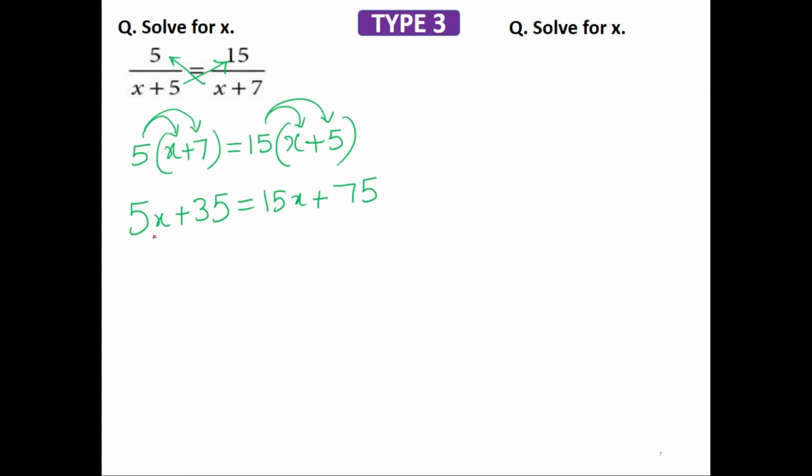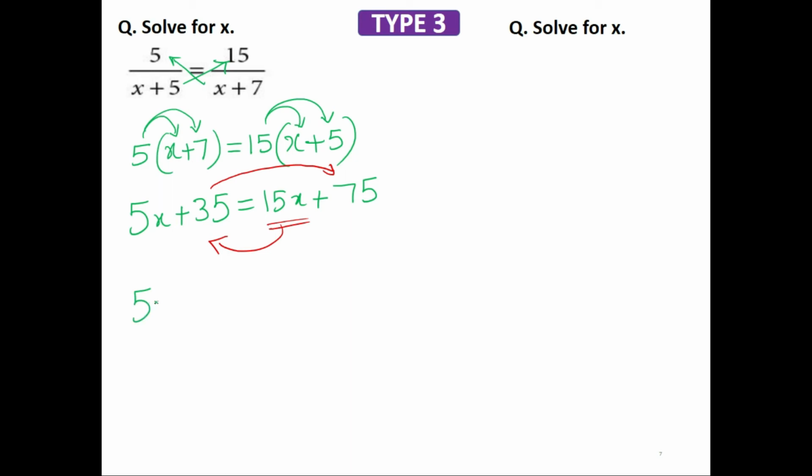Now it's up to you whether you want to shift 5x to the other side or you want to bring 15x to this side. So I'll just prefer shifting 15x to the left hand side and taking the constant 35 to the RHS, the right hand side.